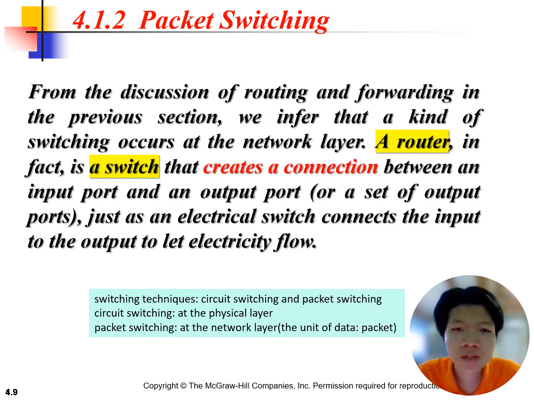From the discussion of routing and forwarding in the previous section, we infer that a kind of switching occurs at the network layer. A router in fact is a switch that creates a connection between an input port and an output port, just as an electrical switch connects the input to the output to let electricity flow.